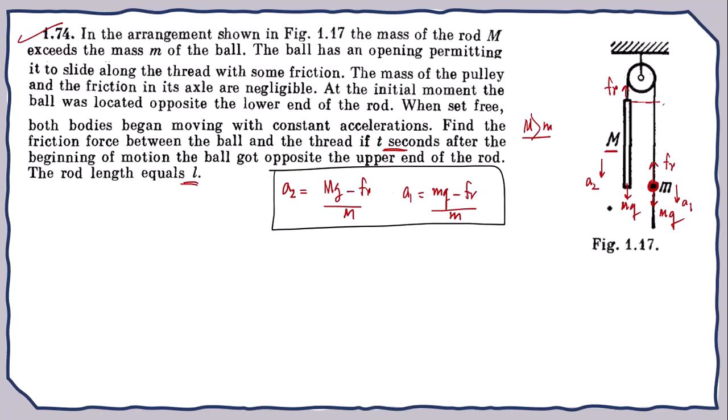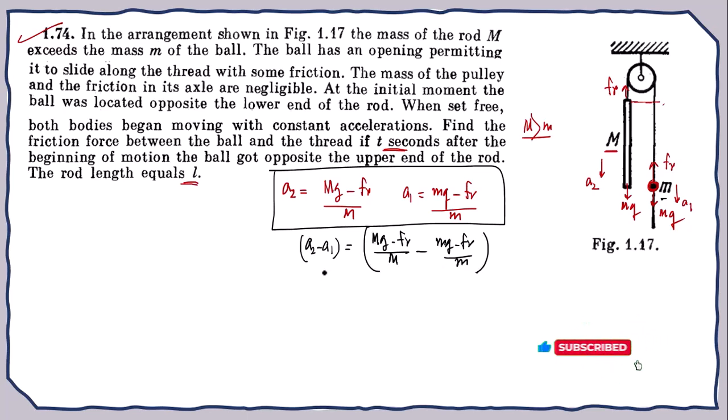Now, in time t, let us say the small m crosses the capital M. That means the ball is moving with a relative acceleration of A2 minus A1, if I assume the rod is at rest. So A2 minus A1 should be equal to (capital Mg minus fr) by capital M minus (small mg minus fr) by small m.